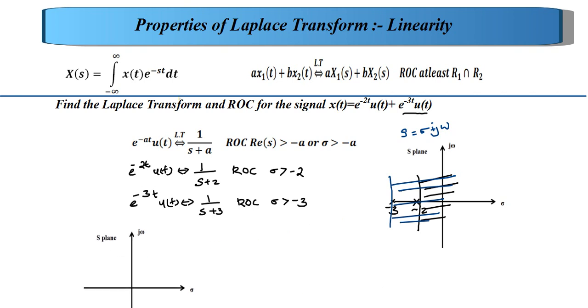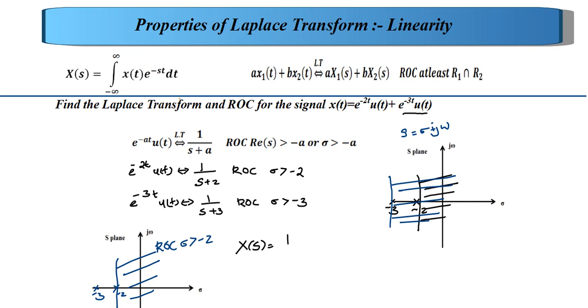I can mark the common area, where one pole is at minus 2 and another is at minus 3. Both signals converge when sigma is greater than minus 2. So I can say that the combination of the two signals exists, and the ROC is sigma greater than minus 2. And the combined result we can write: X(s) is 1 by s plus 2 plus 1 by s plus 3.